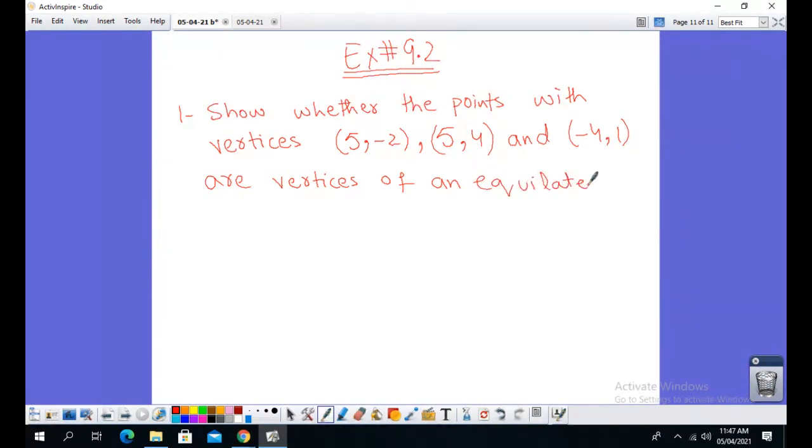What is an equilateral triangle? An equilateral triangle is a triangle in which all sides are equal. An isosceles triangle is a triangle in which two sides are equal. Therefore, we are to show here whether these are the vertices of an equilateral triangle or an isosceles triangle.